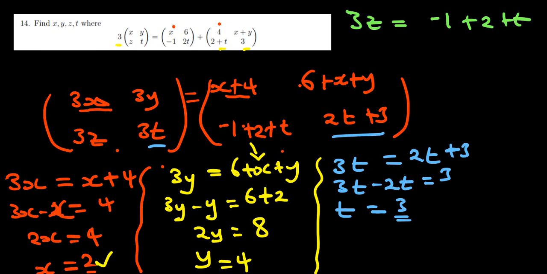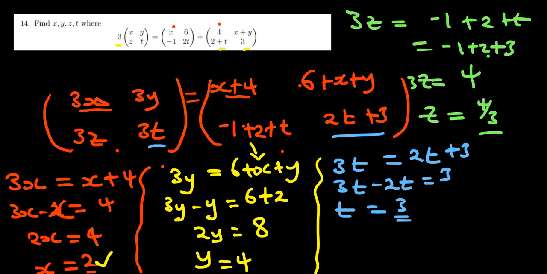So that one is going to be equal to minus 1 plus 2 and then what? Plus 3. So 2 plus 3 is 5, minus 1 is 4. So we have 3z equals 4, so our z there will just be equal to 4 over 3, like that.